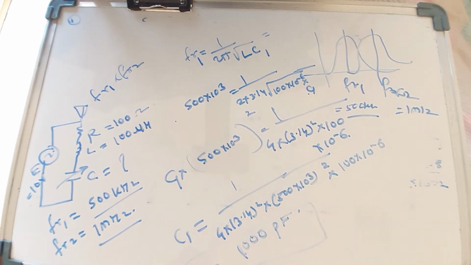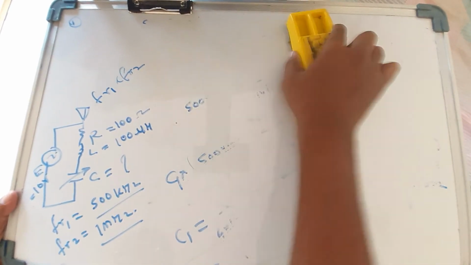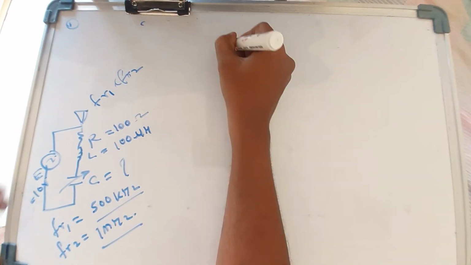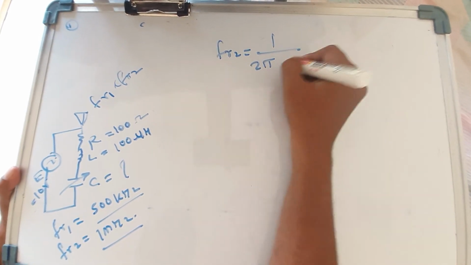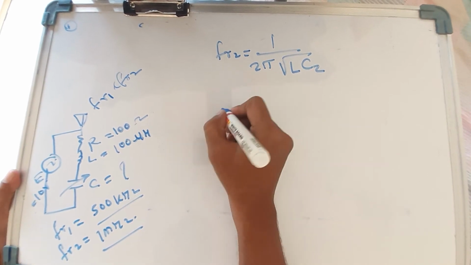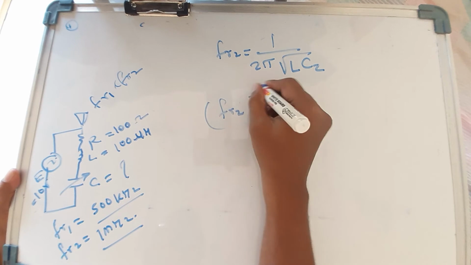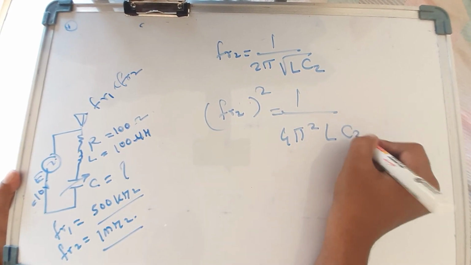Now similarly we have to find out the value of the second one, for Fr2, that is the value of C2. So Fr2 equals 1 upon 2 pi under root of L C2. Taking square root on both sides, Fr2 square equals 1 upon 4 pi square L C2.